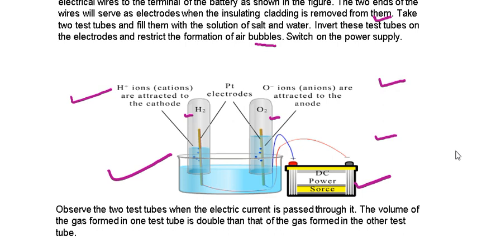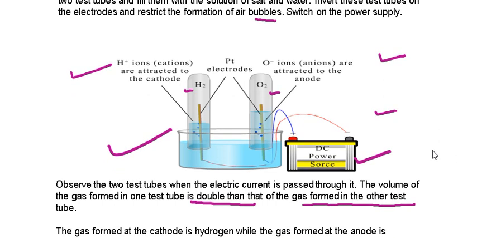What have you observed? Observe the two test tubes when the electric current is passed through them. The volume of the gas formed in one test tube is double that of the gas formed in the other test tube. This is the observation, right?